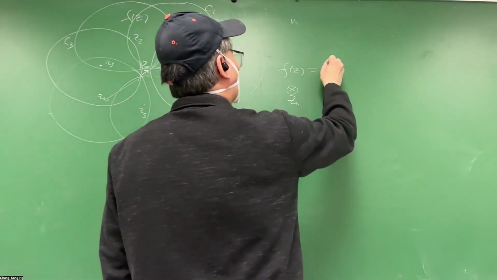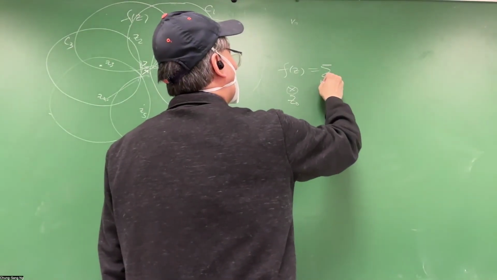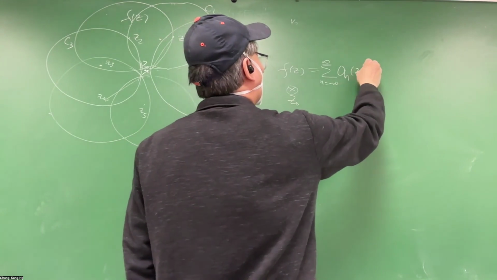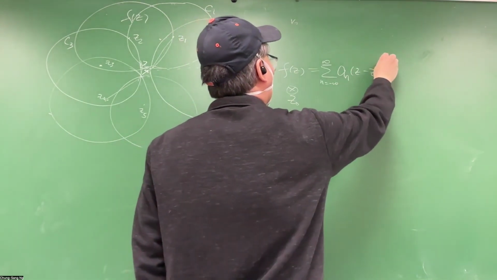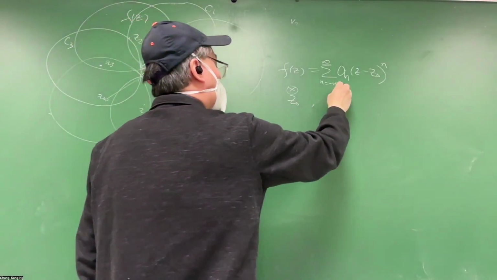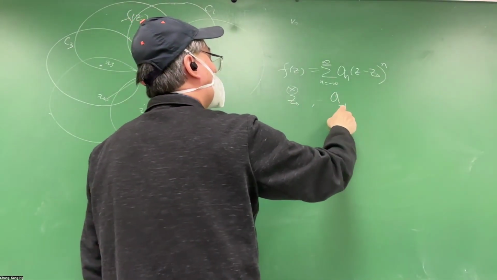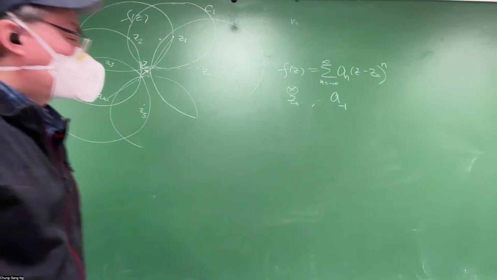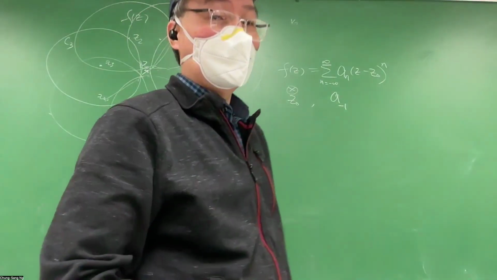Then you have this Laurent series. Then a sub n with n equals minus one, the coefficient of the z minus c to the minus one power, is called your residue.